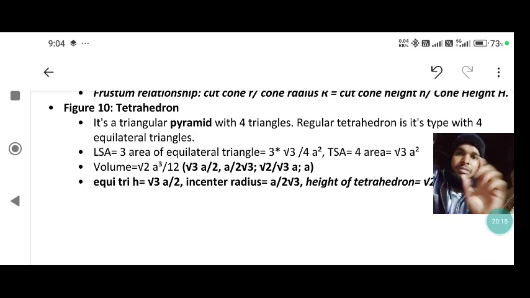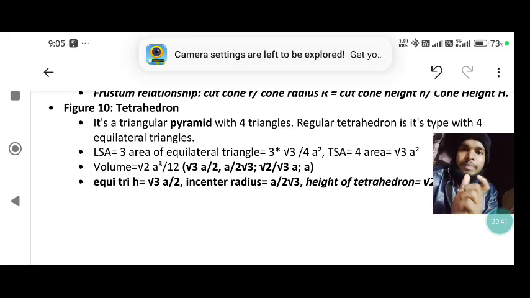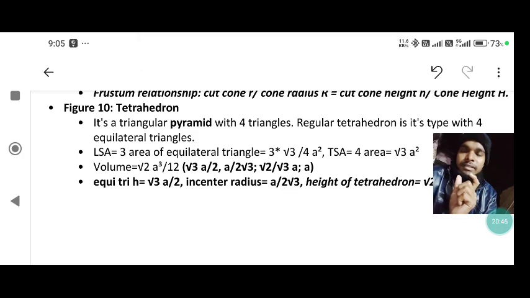It is very important because in a tetrahedron the side a is given, and this is the base triangle. The perpendicular here is the in-center radius, and its value is a by 2 root 3.